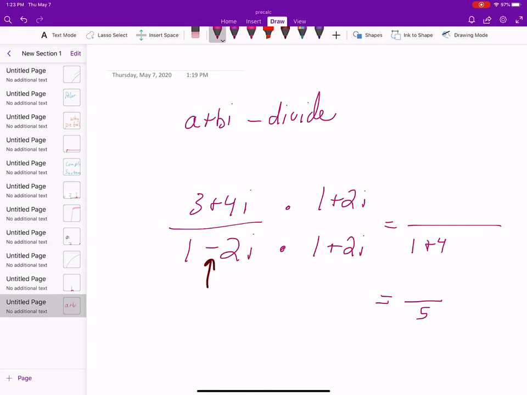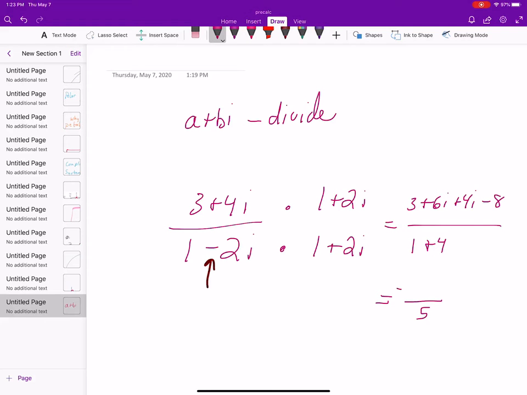Now we need to do the top, so we're just going to FOIL that. So we get 3, I get a 6i, I get a 4i, and then I'm going to get an 8i squared. But remember, again, that's a negative 1, so it becomes a negative 8.